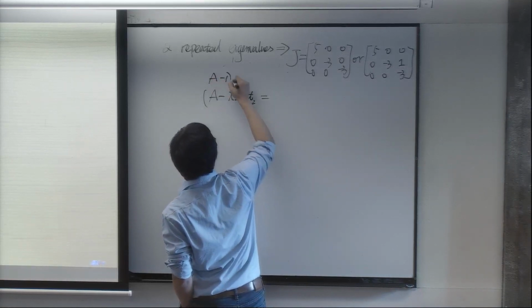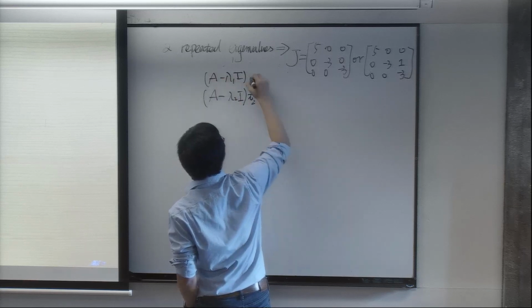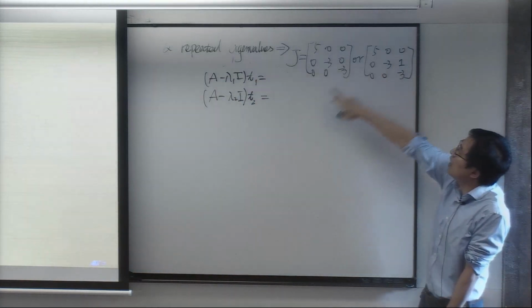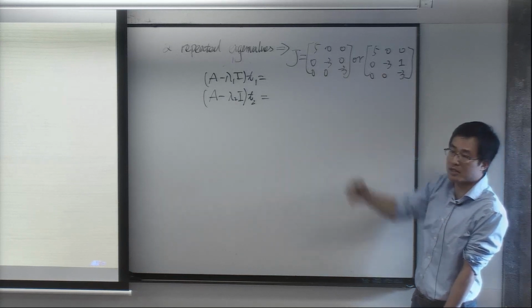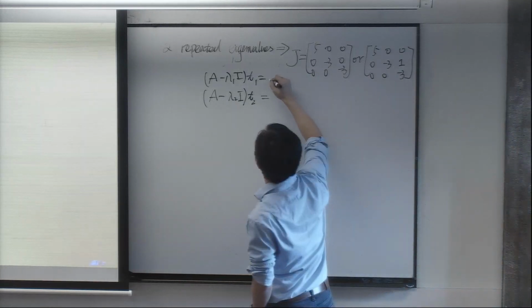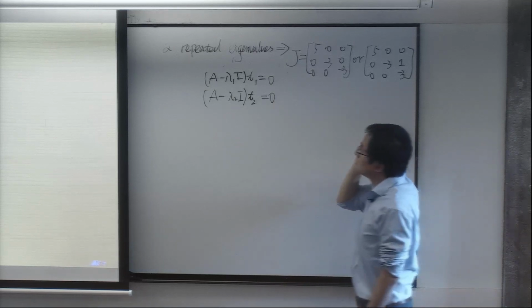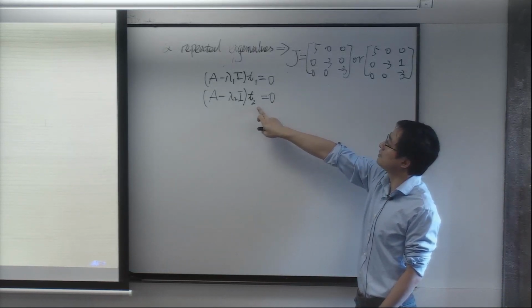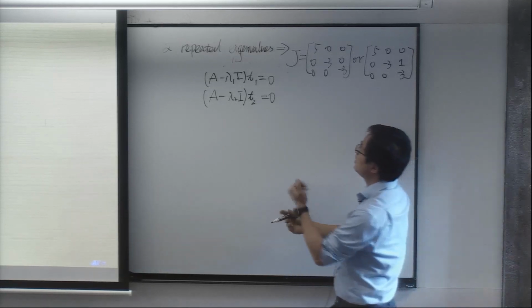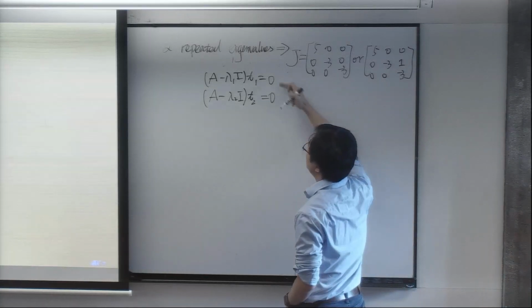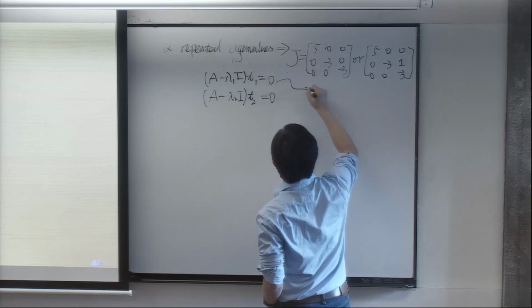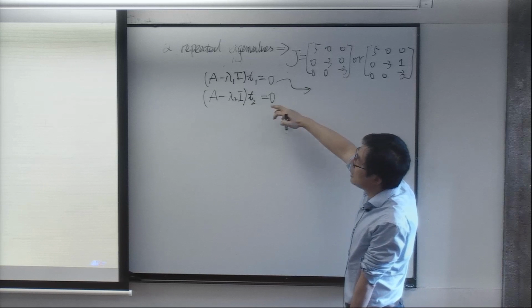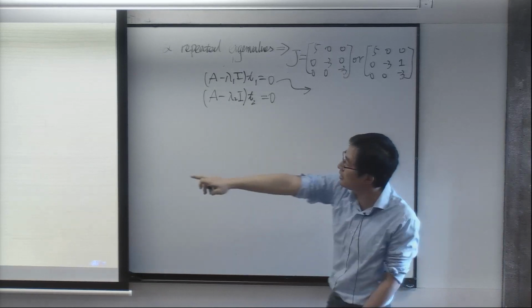For the first eigenvector, we need to solve A minus lambda 1 I times t1 equals 0. Then we need to look at how many linearly independent solutions we can get. For the first case, this is A minus lambda 1, so it's negative 2 minus 5.